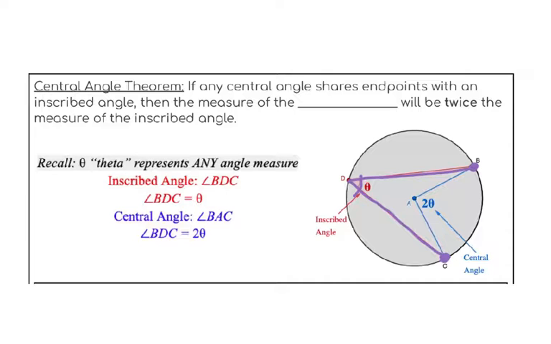So if a central angle shares endpoints with an inscribed angle, and it does, then the measure of the central angle will be twice the measure of the inscribed angle.